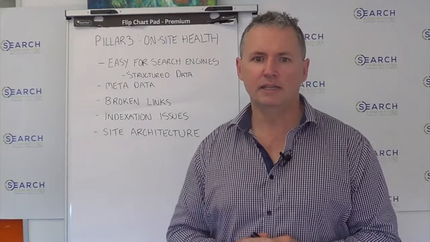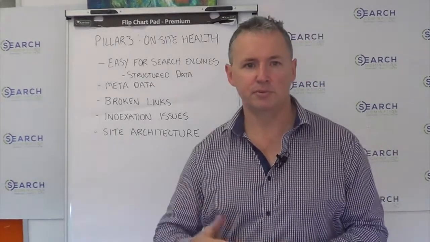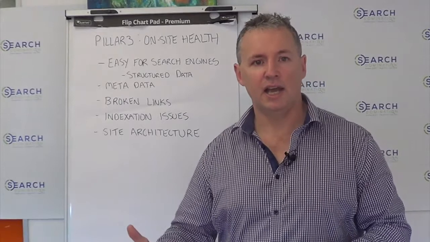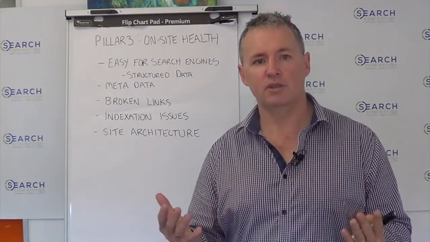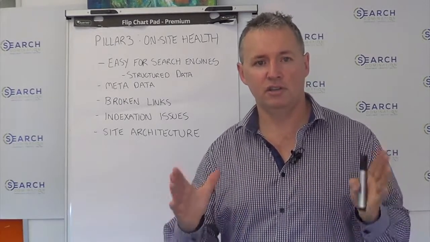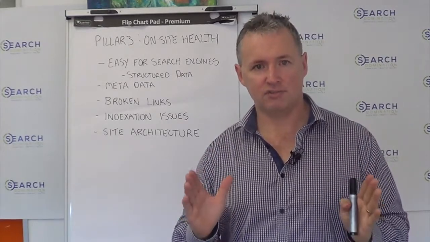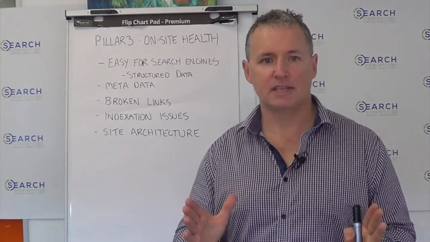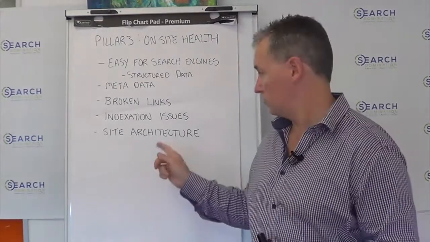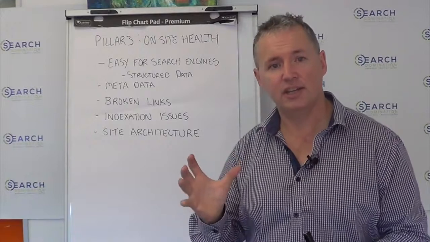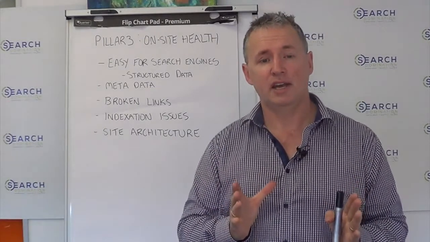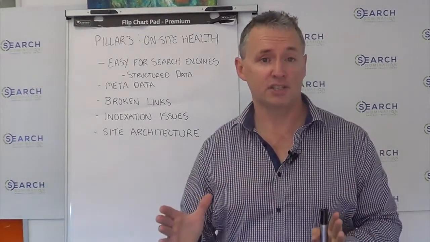People come to me and say, look, Des, I want to rank in Brisbane, Sydney and Melbourne, but when you look at their website, it's only designed for ranking in one location. There are some little strategies that we employ, which involve changing your site architecture slightly, which will allow you to rank in multiple locations.